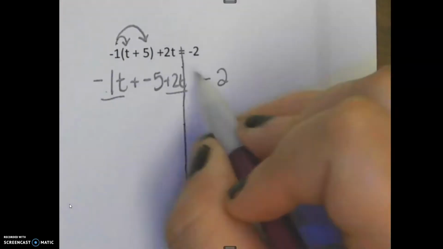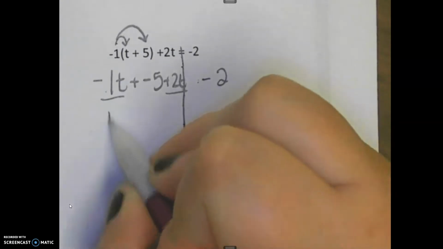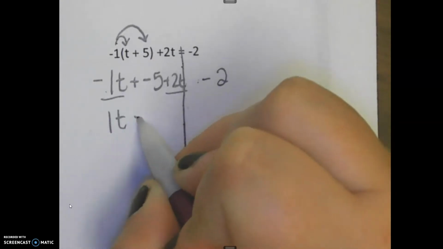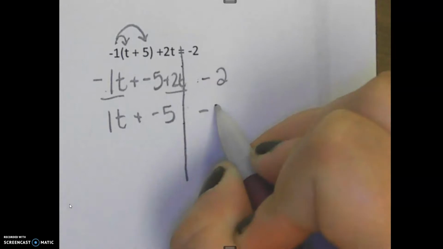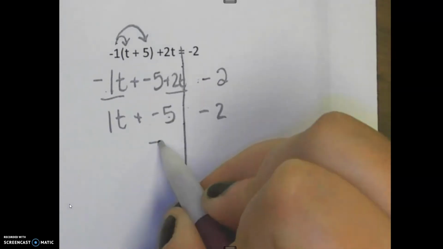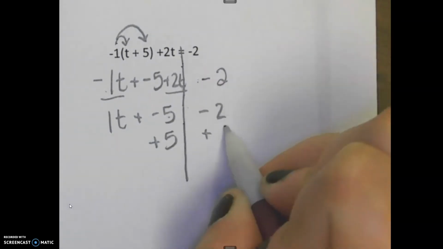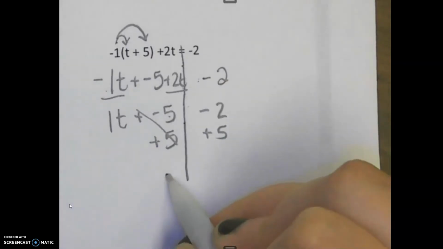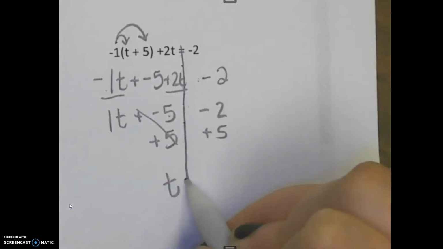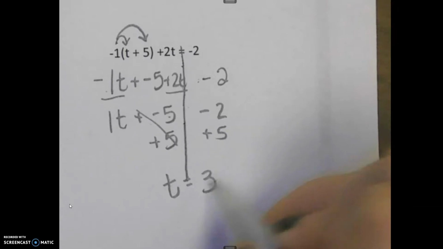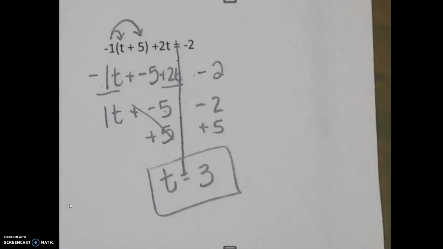So negative 1 plus 2t is just 1t plus a negative 5. Opposite of a negative 5 is a positive 5. And 1t is the same as just a t. And I get 3.